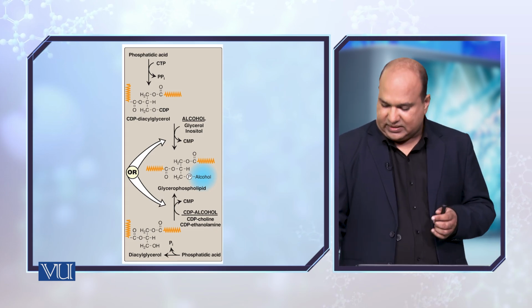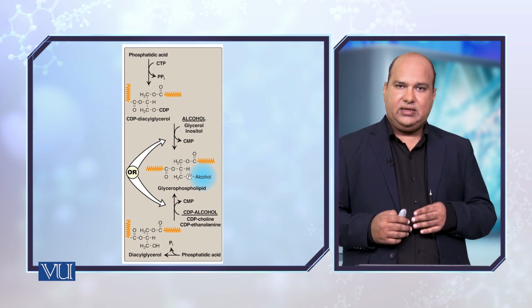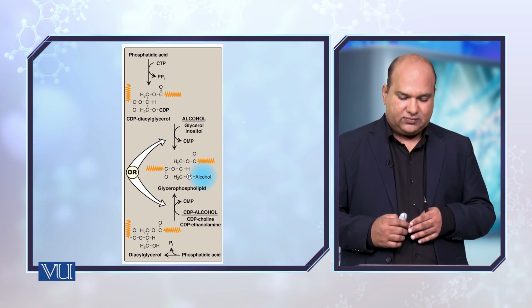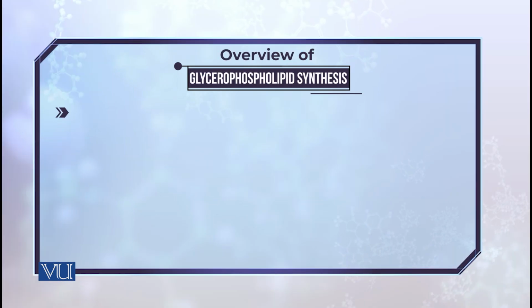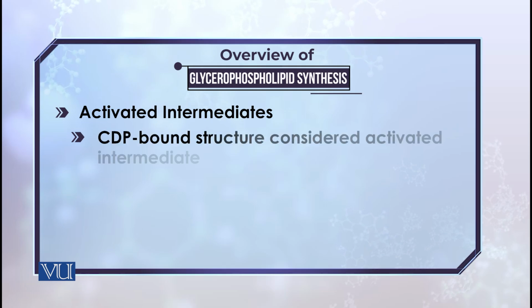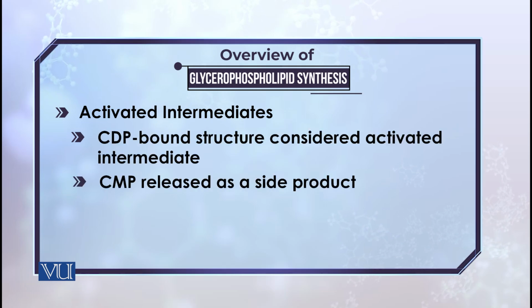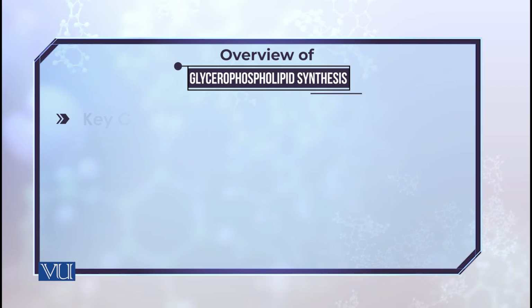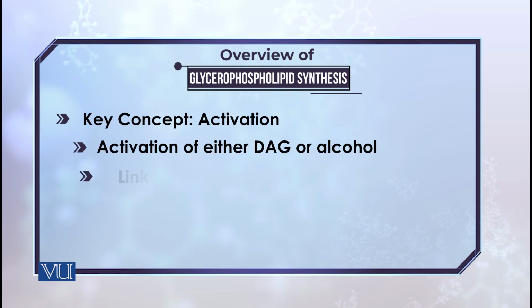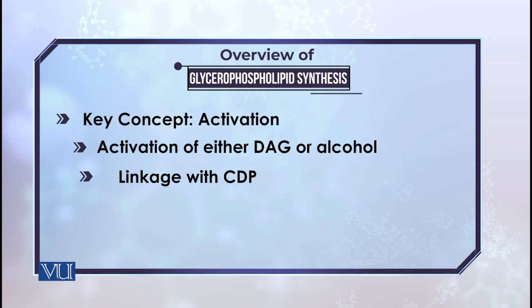So these are the two ways through which you can get the glycerophospholipid. The major thing you have to keep in mind is the CDP-based activation of the intermediate compounds, like diacylglycerol, for instance, or the alcohols. And why this activation is required, we have gone through again and again: this activation is important because it provides the energy for the reaction to get completed.